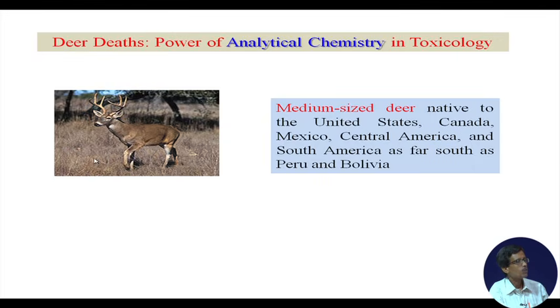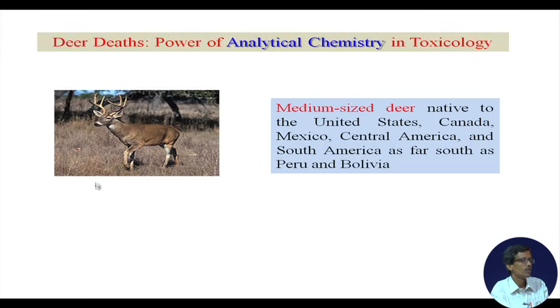So, we all should be very careful about what we are consuming. It is related to environmental chemistry, and when we study the toxic effect of some unknown compound, this comes under the purview of toxicology.